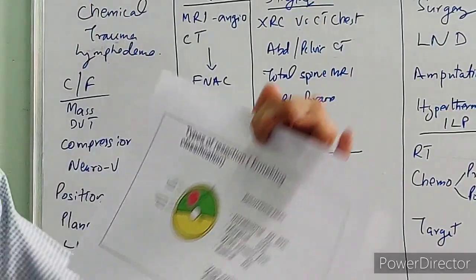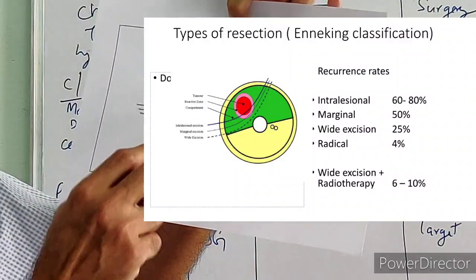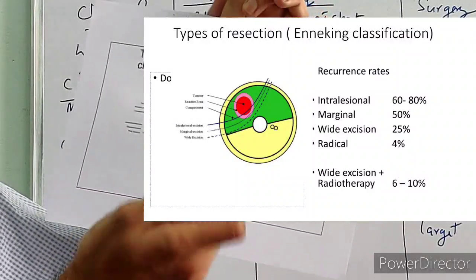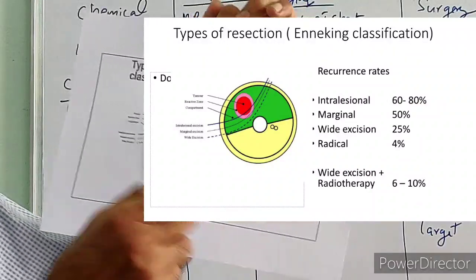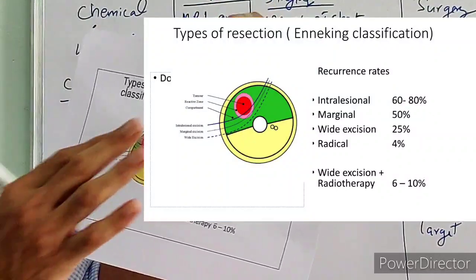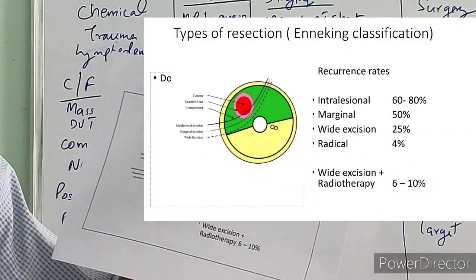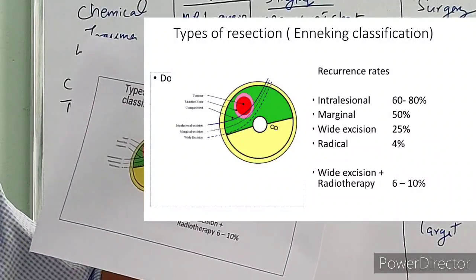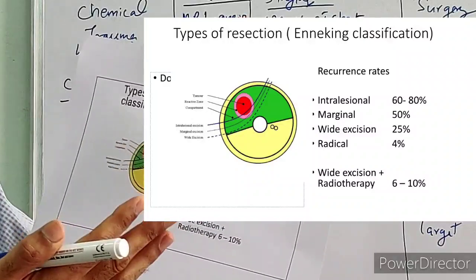Depending on this, the recurrence rates vary. If you go for intralesional excision, recurrence is almost 60 to 80 percent, even more; some people will have almost 100% recurrence. Marginal excision has almost 50% recurrence. Even a wide excision, if not properly done, leaves small tumor deposits outside the margin, and people say recurrence is still 25%.